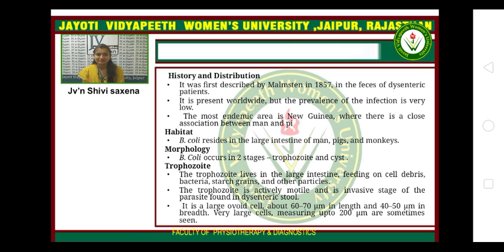The cell is enclosed within a delicate pellicle showing longitudinal striations. The motility of trophozoites is due to the presence of short delicate cilia over the entire surface of the body, and its anterior end is narrow and posterior end is broad.